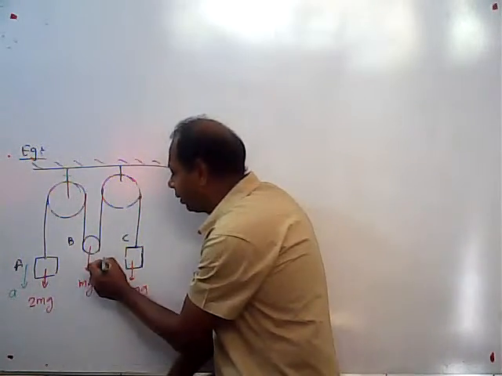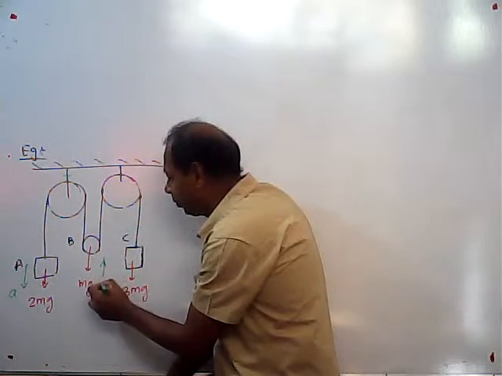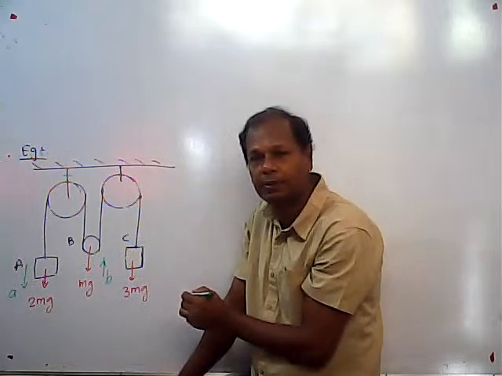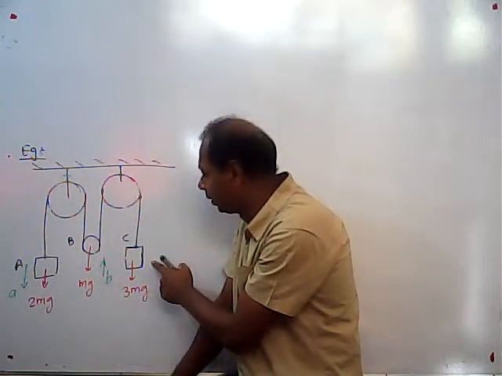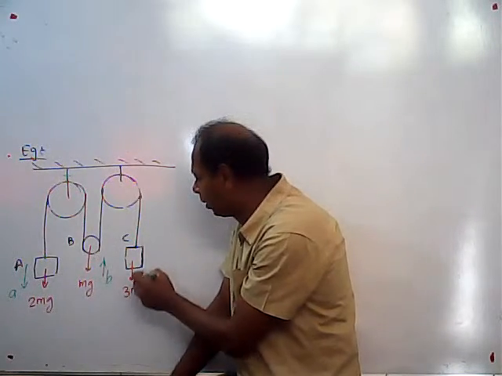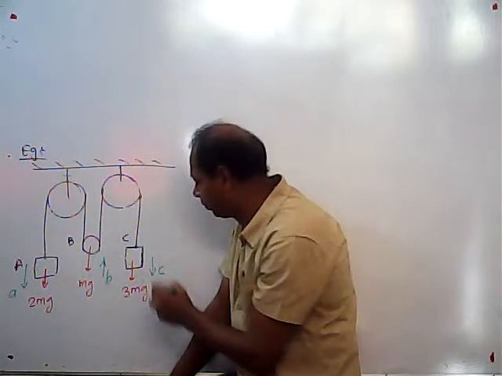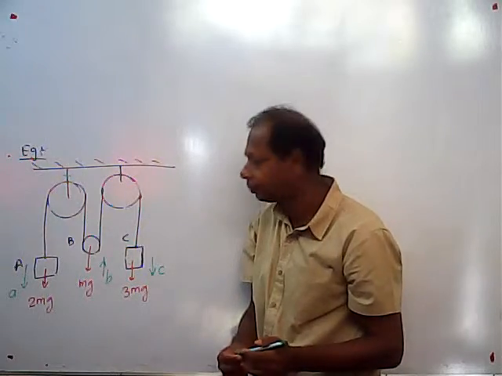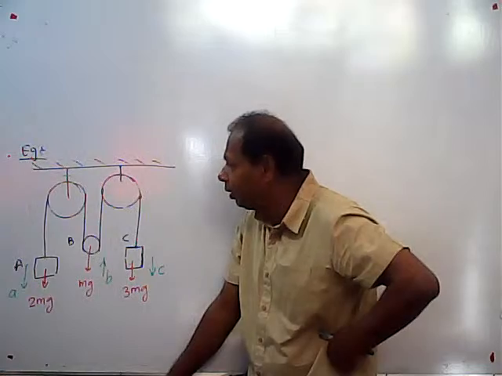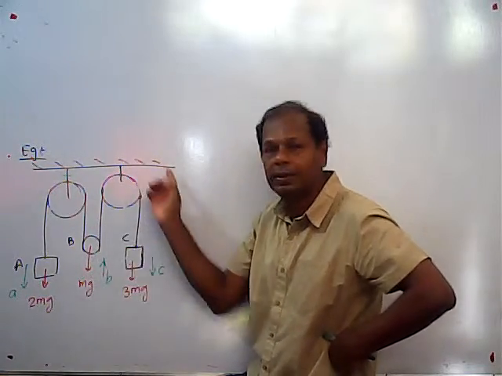So for this I mark going up at A, going up at some B, and for this I mark downwards at some C. Moreover, we have to mark the tension in the string.